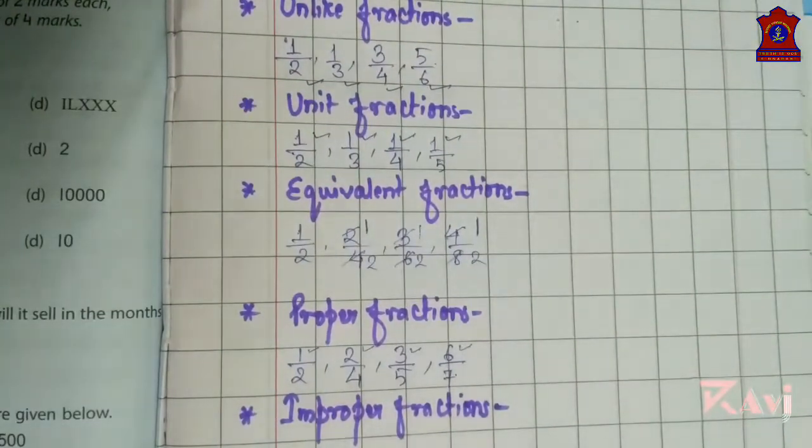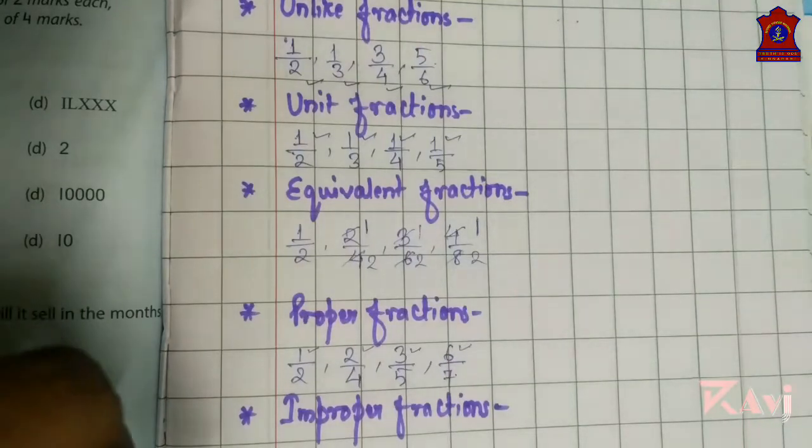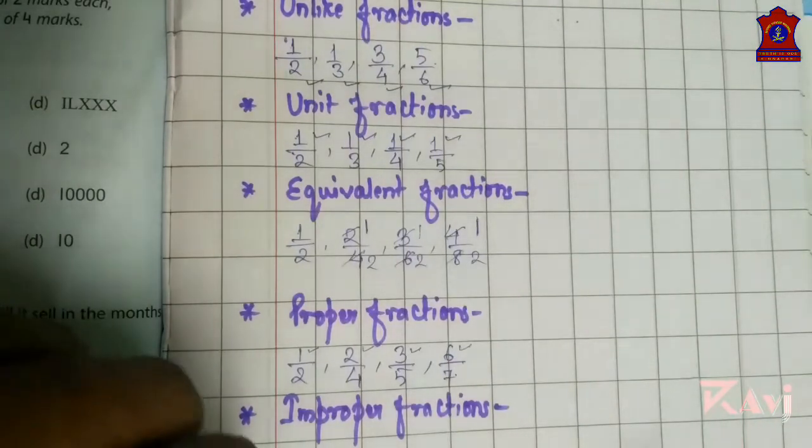Next is, what is an improper fraction? When the numerator is greater than or equal to its denominator, it is called an improper fraction.